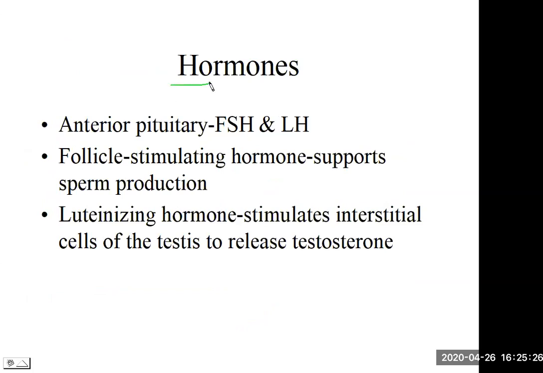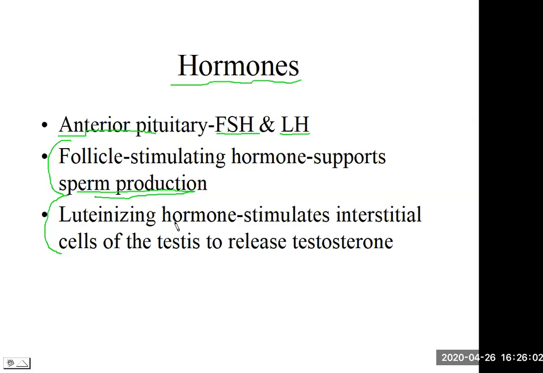So still more reproductive hormones, and again, a lot of overlap with the endocrine system here. Looking back at the brain itself, the pituitary gland is the source of both follicle stimulating hormone and luteinizing hormone. And we see each of these, in a way, leads to increased sperm production, either that direct effect of FSH to support sperm production, and luteinizing hormone indirectly does the same thing.